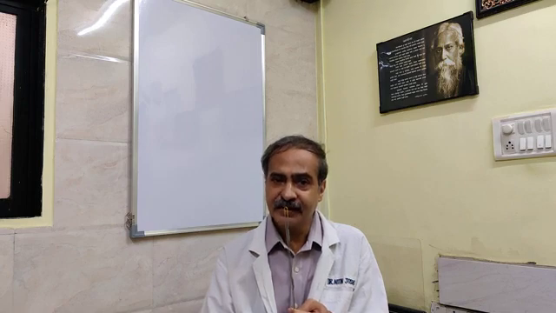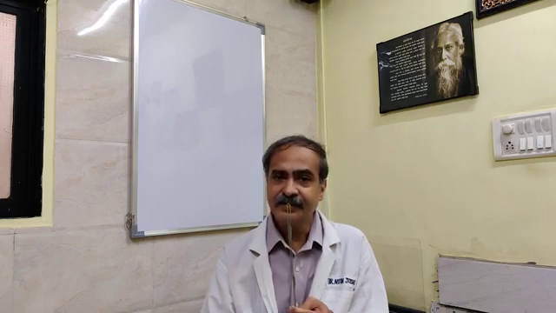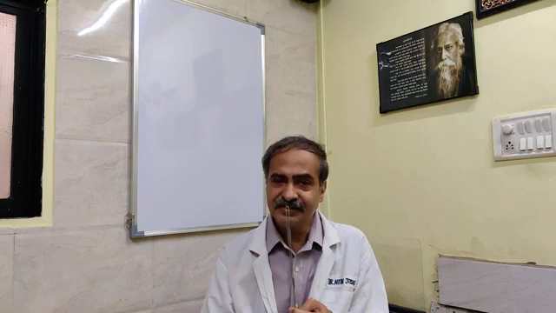Once you come to the bladder neck, with the hook and the cutting current, you start incising the mucosa. After the mucosa, there will be adenomatous tissue. Start incising, and as you go layer by layer, there will be widening of the bladder neck.